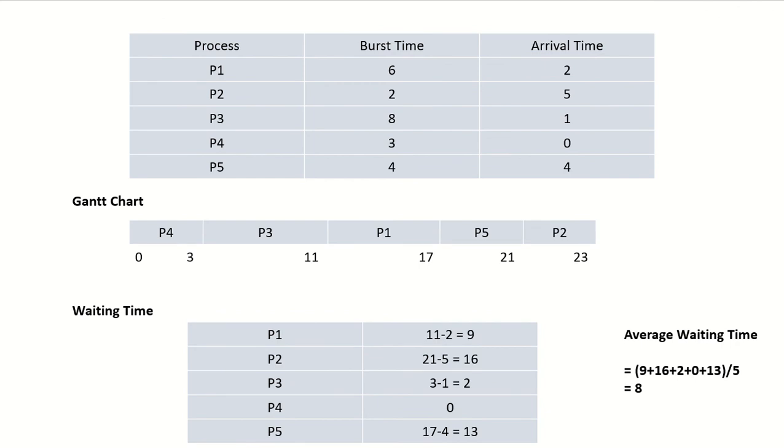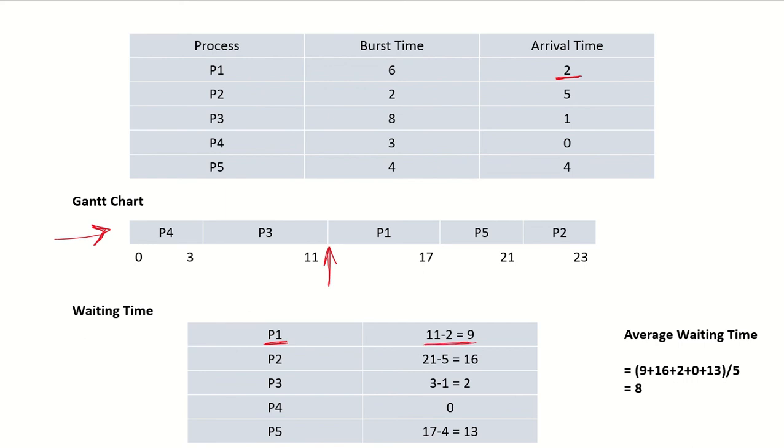So this was the Gantt chart that we had drawn earlier, and now we will compute the waiting time for each process. Let's start with P1. P1 got the CPU at time unit 11 and its arrival time was 2. So from 2 to 11 it was waiting in the ready queue.